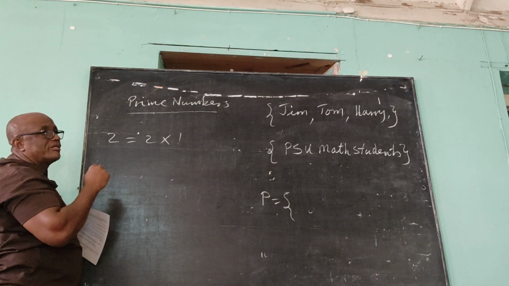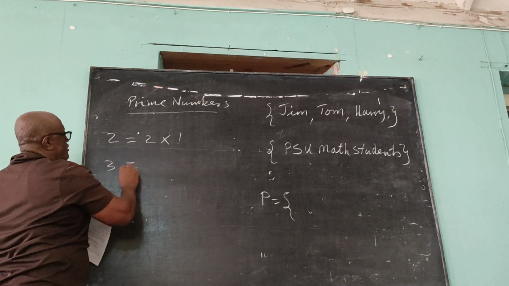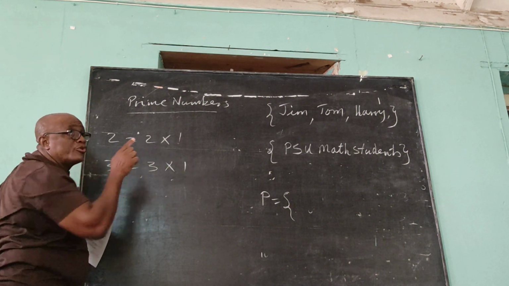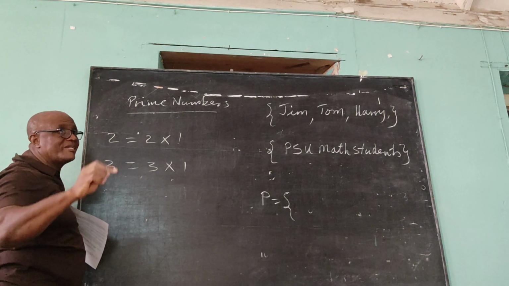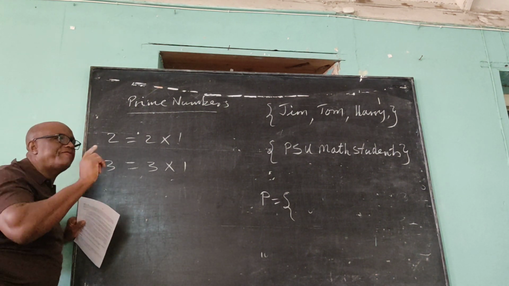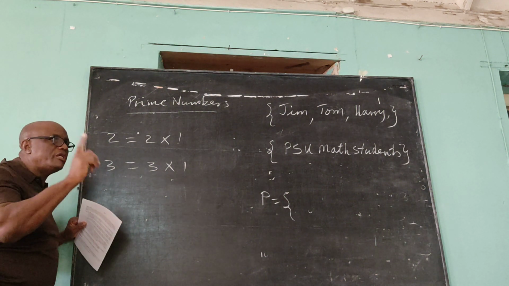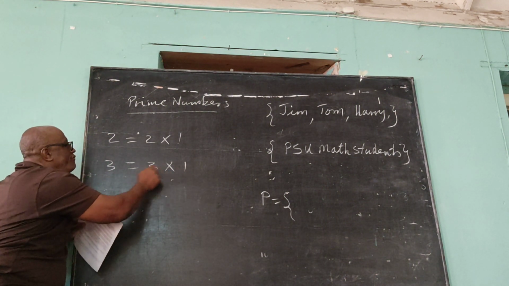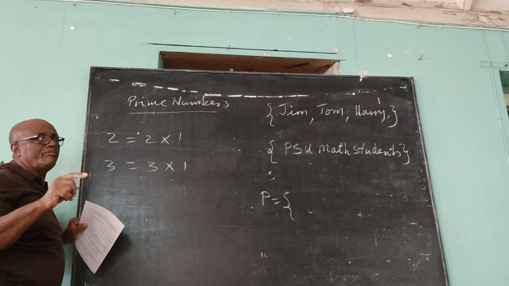The next one is 3, because the factors of 3 are 1 and itself. Those are prime numbers. The factors, the 2 numbers that multiply to give you the number, are the factors. So all the numbers in the number system that only have 2 factors are prime numbers.